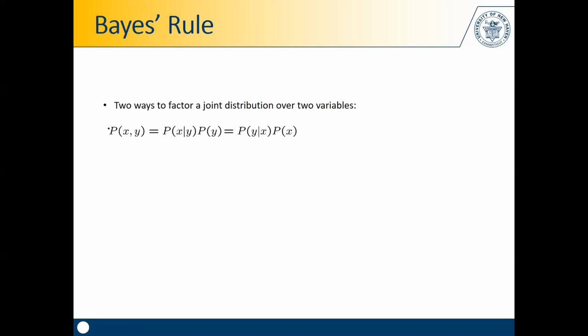One way is what we've seen before. P of x y, this is a joint distribution, can be written as P of x conditioned on y multiplied by P of y, or equivalently can be written as P of y conditioned on x multiplied by P of x.